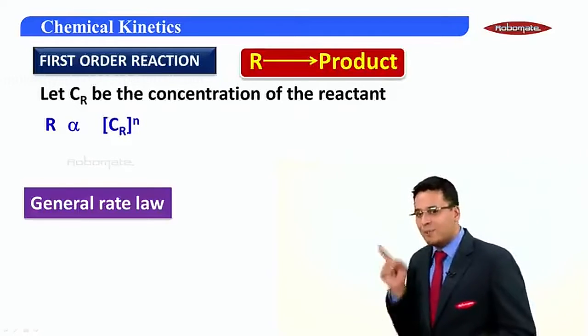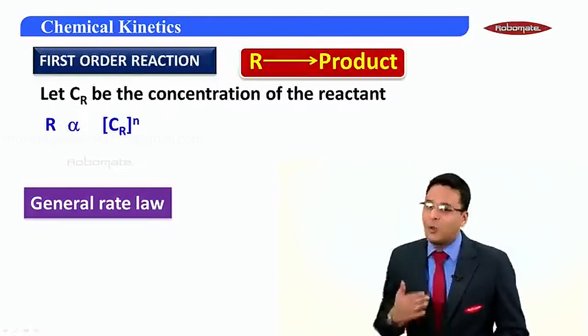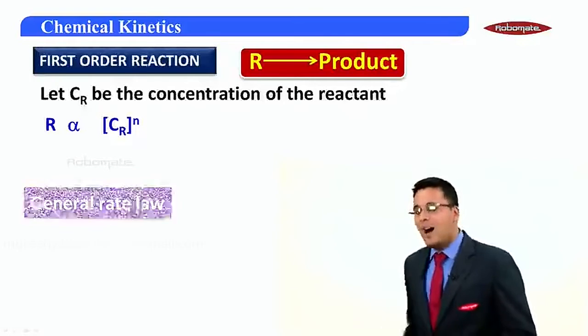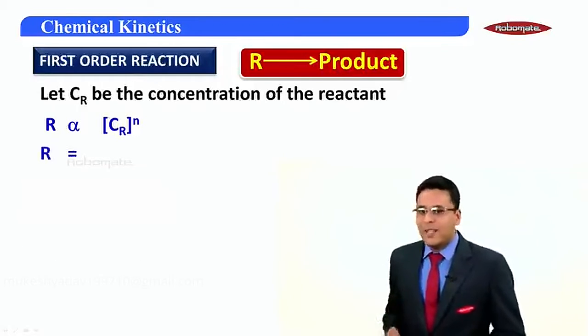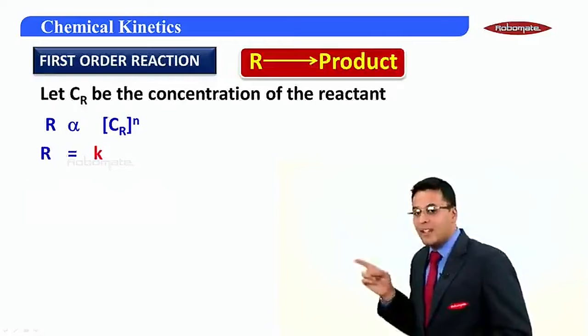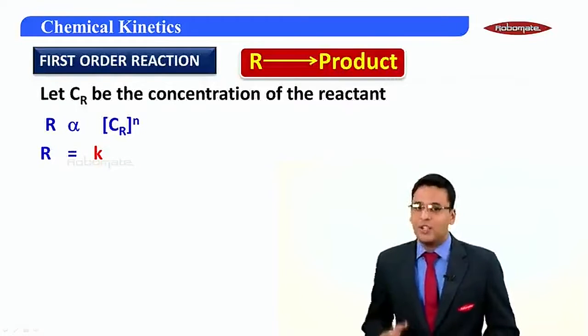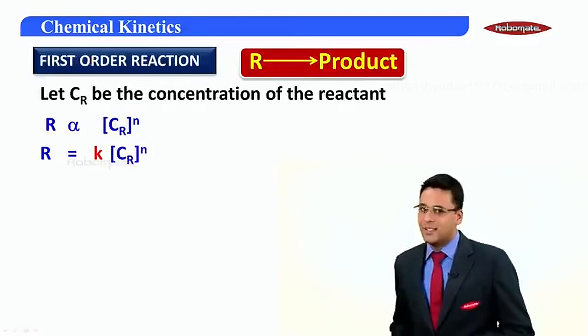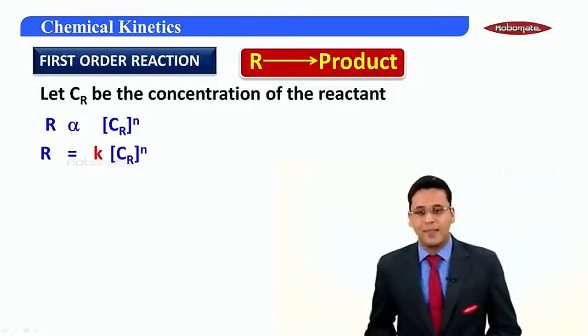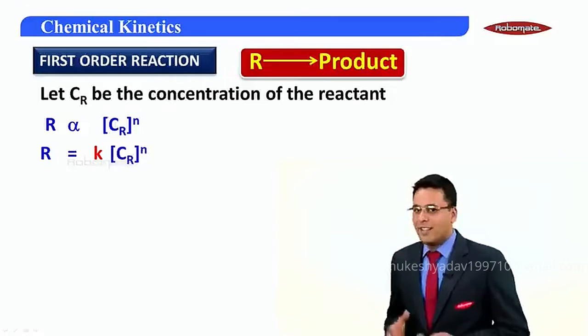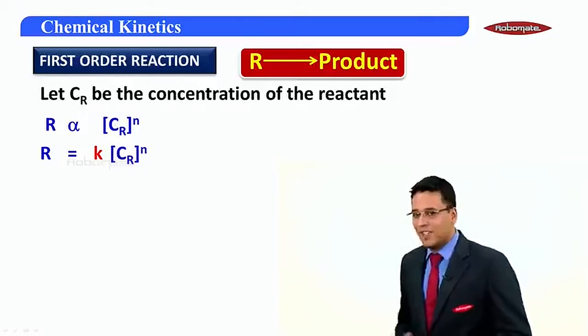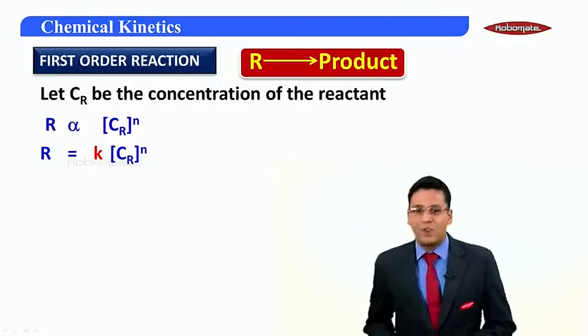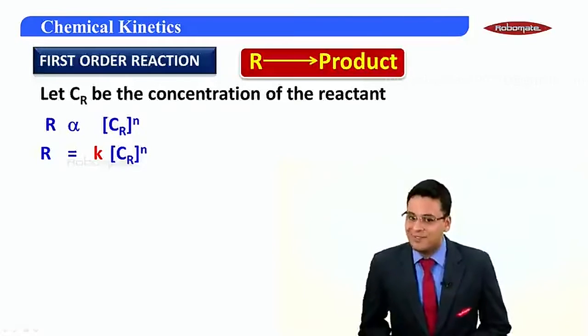Now this expression can also be written as R is equal to k, that is the rate constant, into the concentration of the reactant raised to n. We already know what the rate constant is, and we know this representation of the rate law expression.